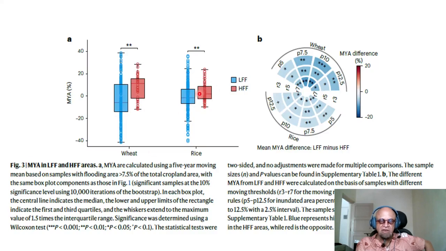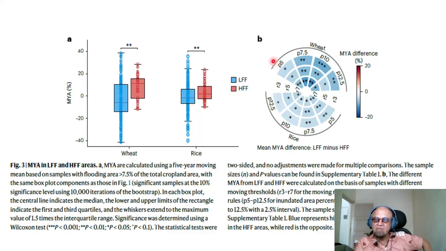Slight difference, but still it's important enough to see that the range is large, and even the median and percentiles are large or negative for LFF. The main message is that LFF is probably not being considered as carefully as it should, because maybe high frequency floods are getting more attention and people are getting used to them and protecting against them, but not considering carefully enough the low frequency floods.